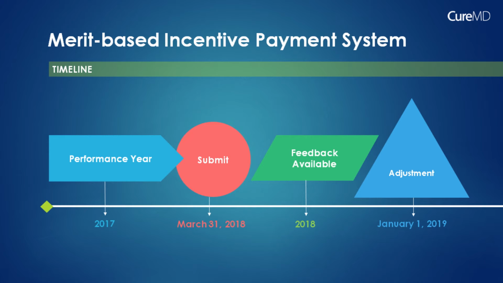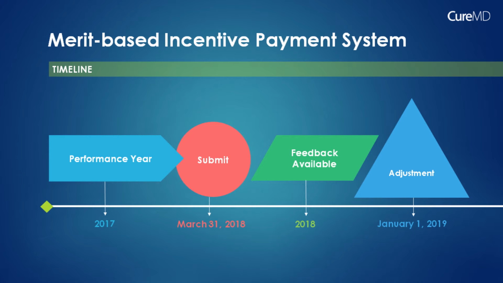Right, so let's talk about timelines for the merit-based incentive payment system. And this works very similar to how PQRS used to work or the value-based modifier used to work. So next year, 2017, is going to be a performance year, and you're going to collect data through whatever period of that year that you start working with MIPS on. And March 31st of the next year, in 2018, you're going to submit that data to Medicare.